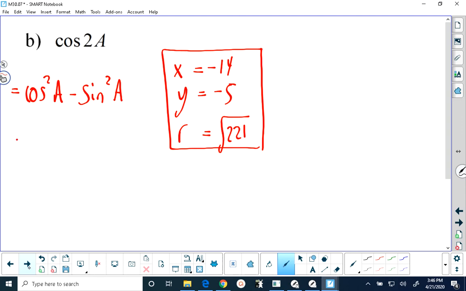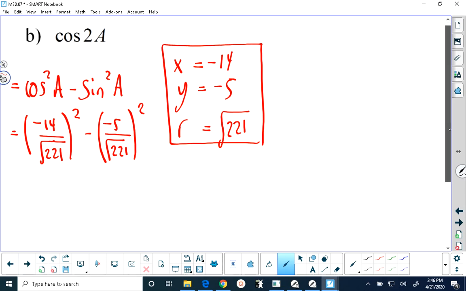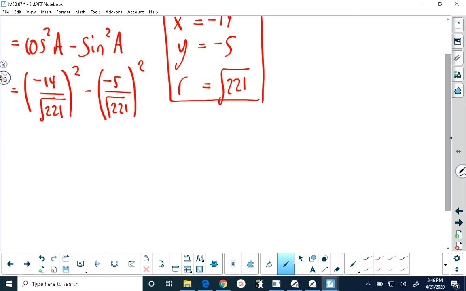Well, let's try that. We're going to have to take cosine of A, which would be x over r, which is negative 14 over root 221. We're going to have to square that and then subtract the square of the sine. Sine is y over r. Let's see what we get. When I square a fraction, I have to square the numerator. Negative 14 squared is 196. Over, when I square the denominator, the square root and the squared eliminate each other because those are inverse operations.